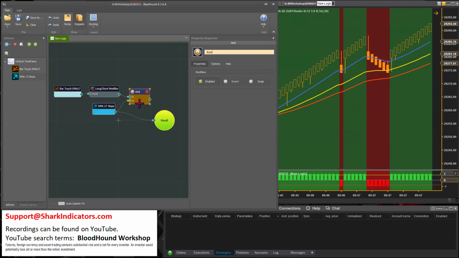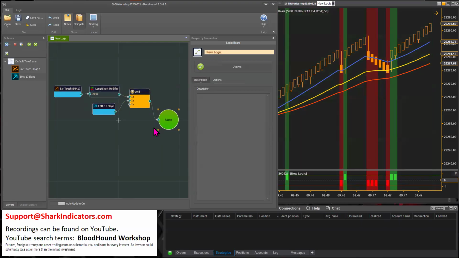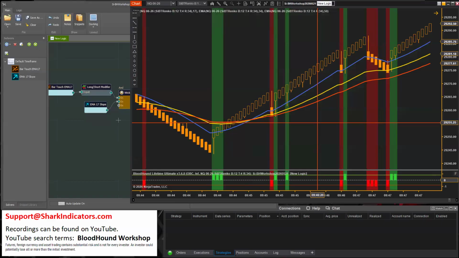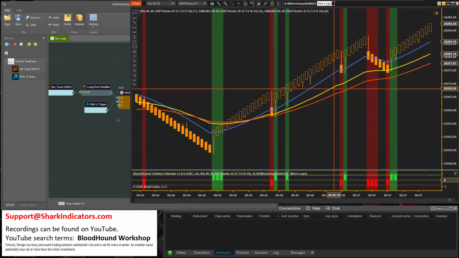Right, and there we go. Essentially, this is just going to be the wick touch. And we can see here that on these bar reversals, that's not really a wick touching here.